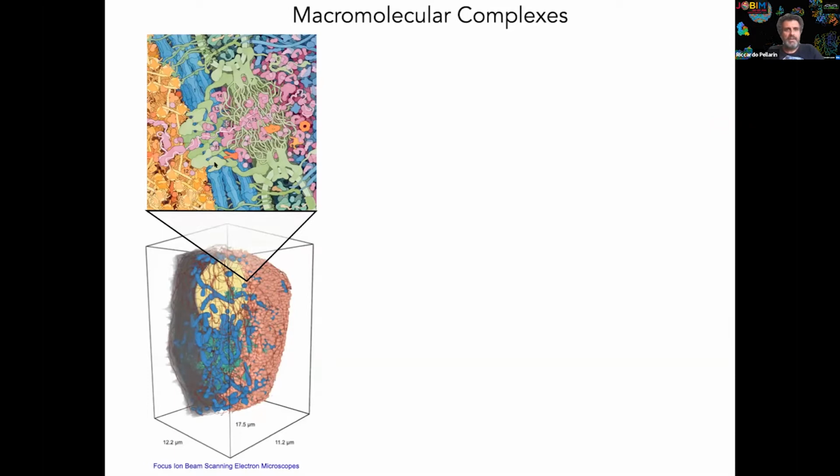This is a depiction by Goodsell of what is going on and the interplay between different components of a cell. It has been determined recently, for instance, in this case the nuclear pore complex, which is a kind of donut-shaped pore sitting on the nuclear envelope, mediating the transport of material between the inside of the nucleus and the outside and vice versa.